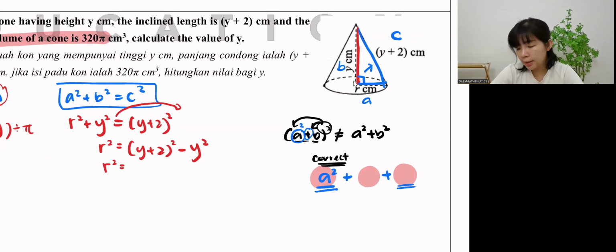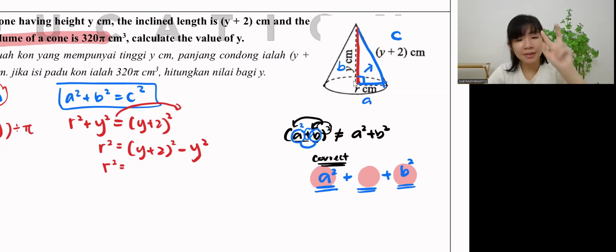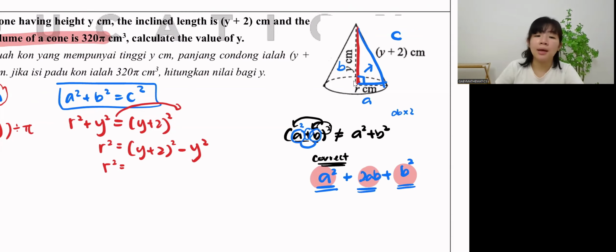How do we get the last term? The second term, square: b square. How do we get the middle one? These two terms times together times 2. Remember, times together times 2. A times b, ab. ab times 2, so it's 2ab. You should get 3 terms instead. Understand? Okay, now back to this.